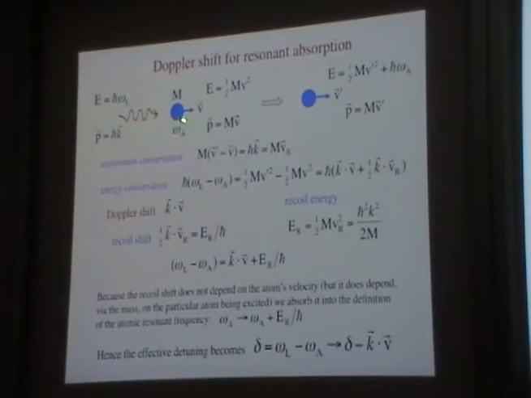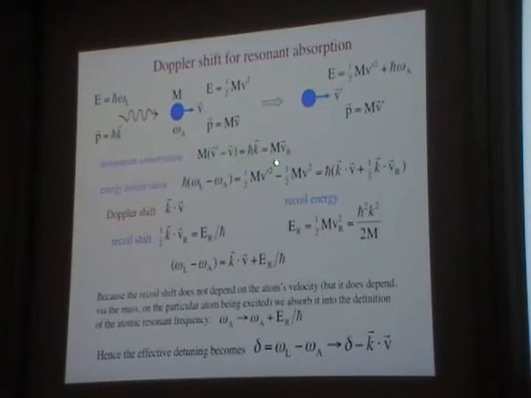So I shine a photon at it, okay? And the process of absorbing the photon gives the atom a kick. So the atom initially with velocity v has a momentum m times v and a kinetic energy 1/2 m v squared. After the absorption of the photon, it has a new velocity v prime corresponding to the change in momentum from this absorption process, so m v prime here.